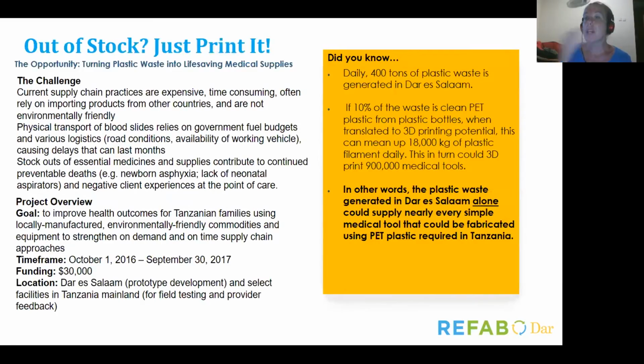The project we're working on now, since the World Bank project technically ended at the end of February, is a small grant project from JPIEGO. JPIEGO, like I said, is Johns Hopkins' charity arm that works in different countries all over the world. They have a very large profile in East Africa, especially in Tanzania.